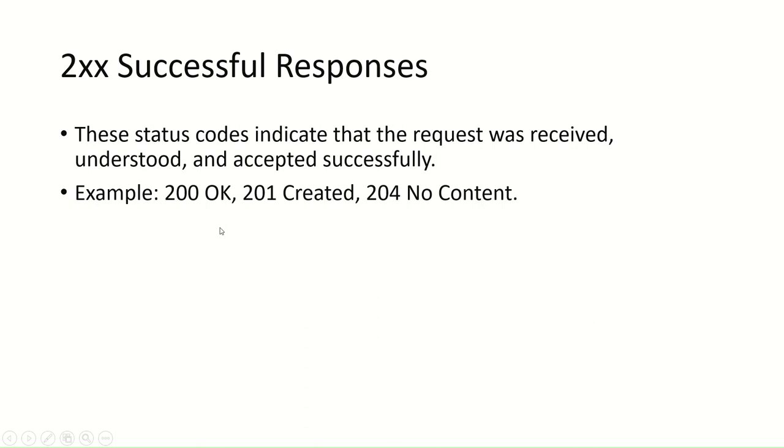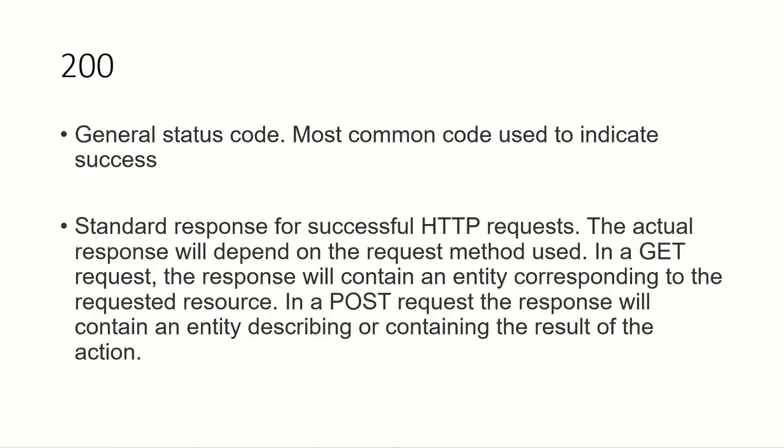Now let me go to the next slide and discuss the 200 HTTP status code. This is the most general, most common code used to indicate success. It is the standard response for a successful HTTP request. The actual response will depend upon the request method used.